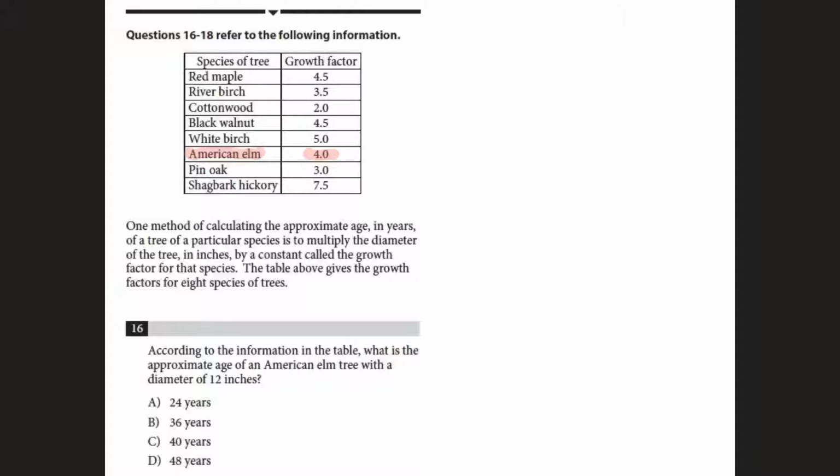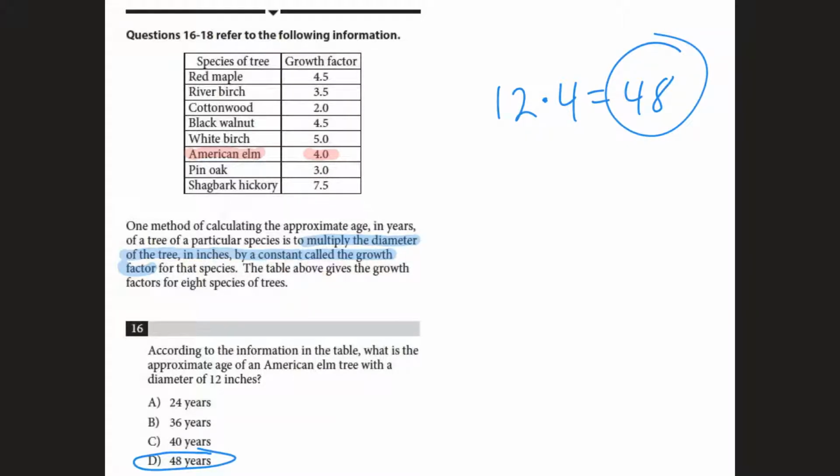And we know that we can calculate the age in years by multiplying the diameter by the growth factor. Okay, so if we know that the diameter of this American elm is 12 inches, and the growth factor is 4, well, then we should expect that it's 48 years old. D is the solution.